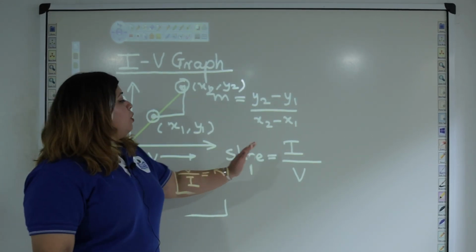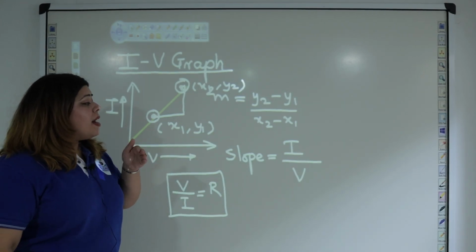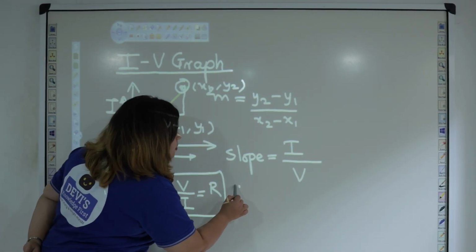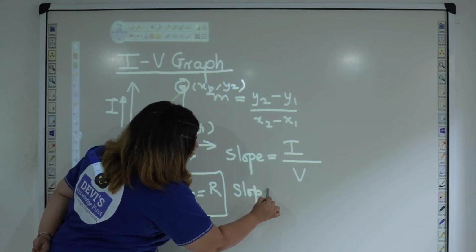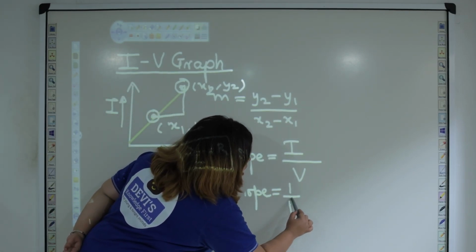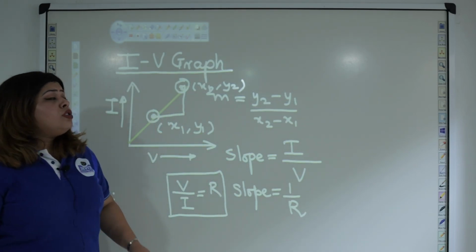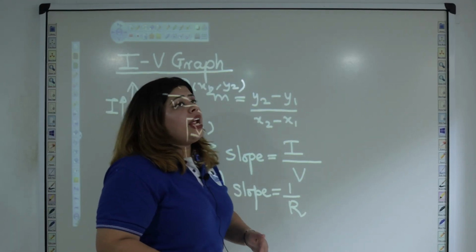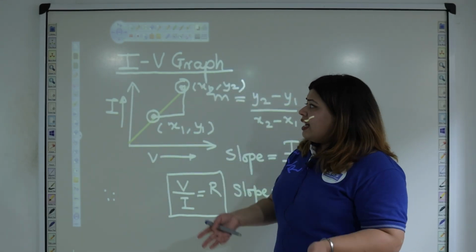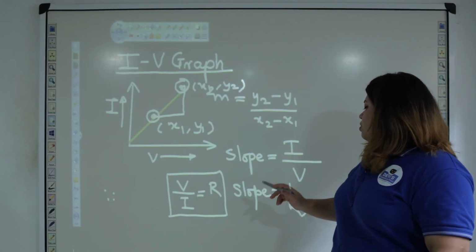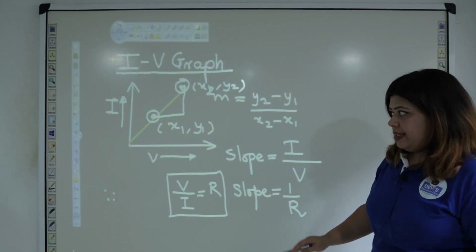But now if you look here, the slope is I by V. So how do I get I by V? I get I by V by taking the reciprocal of the formula. So this becomes 1 by R. So for the slope of an IV graph, make sure that you don't write it as resistance. If you write it as resistance, you're absolutely going to get 0 marks. You have to make sure to write it as 1 by resistance.